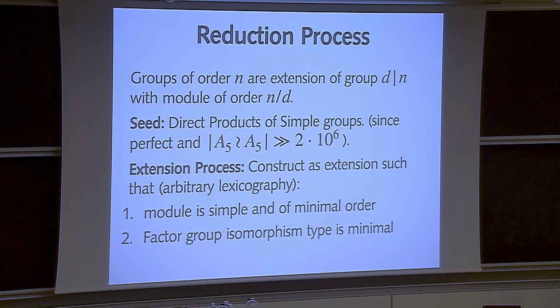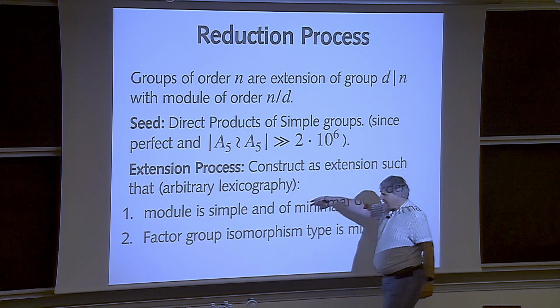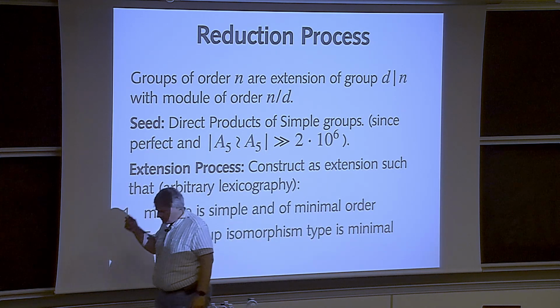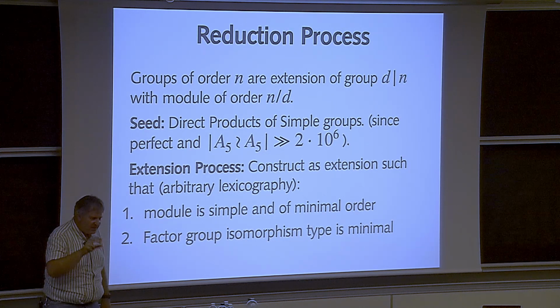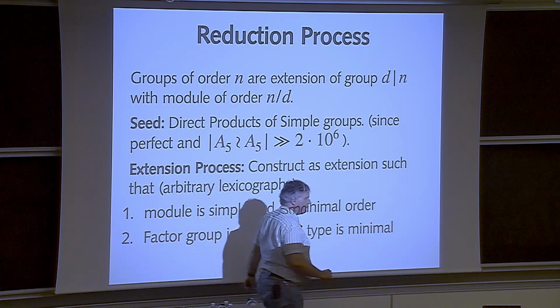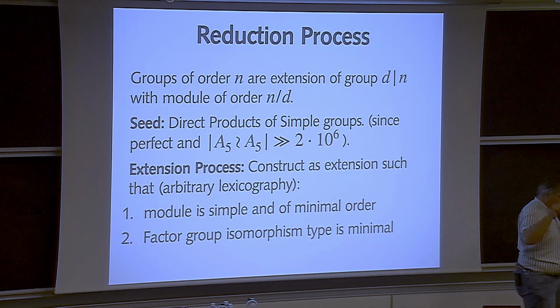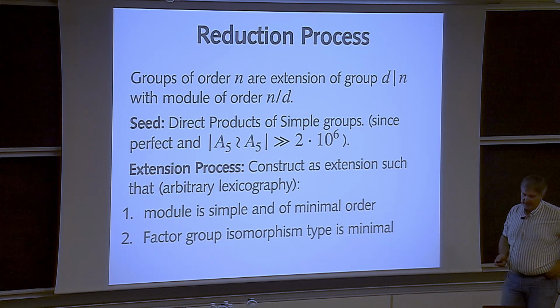So that is done. Now I want to construct the extension, and here I impose conditions, and these conditions are this kind of arbitrary lexicography, arbitrary in the sense that there is no mathematical reason for it, but they are reasons which will try to reduce the number of isomorphism tests I have to do, by saying, oh, in this case, I know I will get the same group already in a different way, and I don't need to consider the one I constructed.